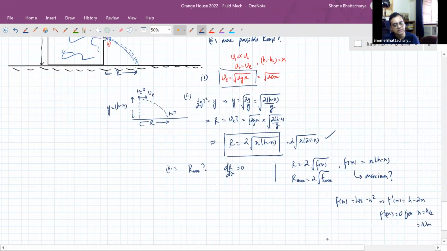So this function's maximum is h by 2 into h minus h by 2, which is h squared by 4. So the maximum range becomes 2 times the square root of this function's maximum.